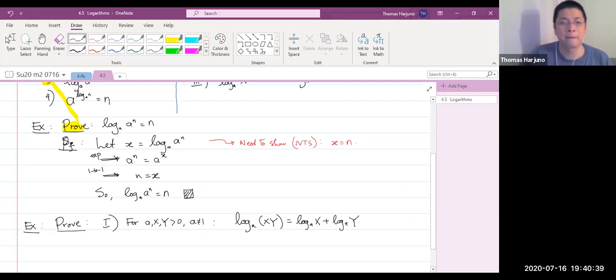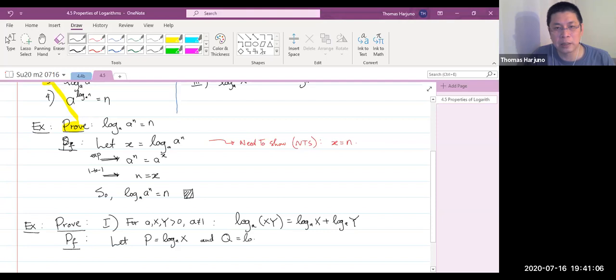Okay, and the proof, I will start with, let me call something. Let p equal log base a of x and let q be log base a of y.